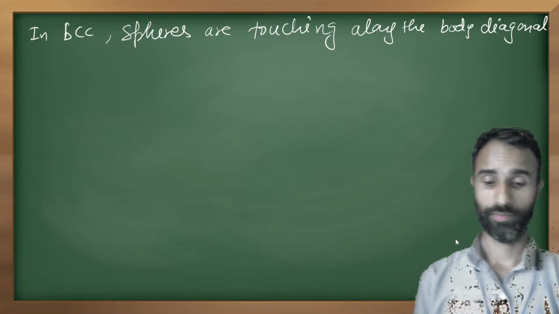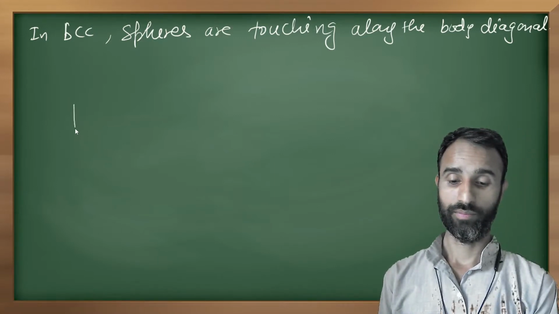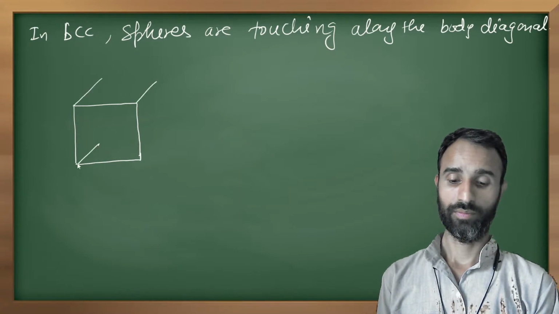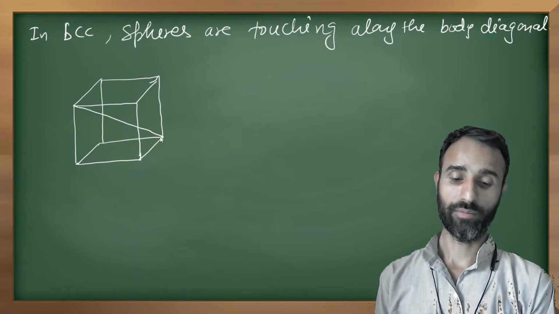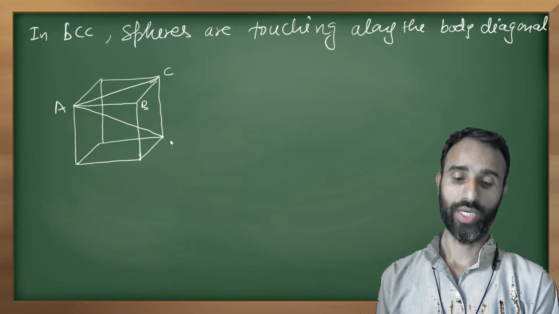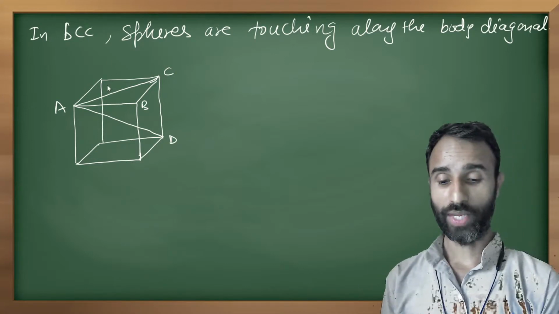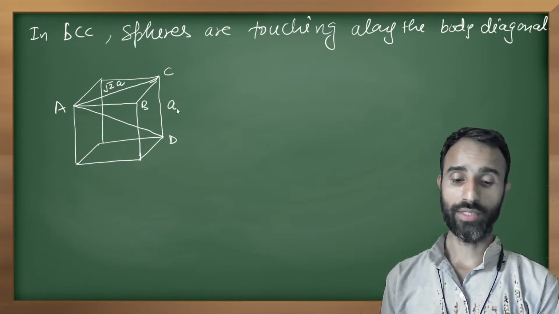Okay, so as spheres are touching along the body diagonal, say this is body diagonal AD, with A, C and D, and ACD is a right angle triangle. So you know AC we have calculated in terms of A, that is root 2 A, and CD is A.